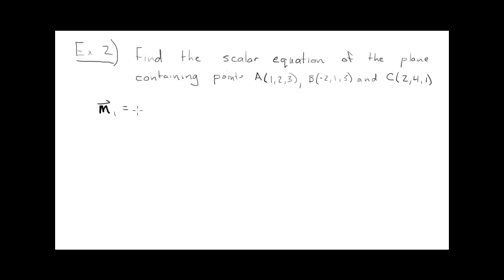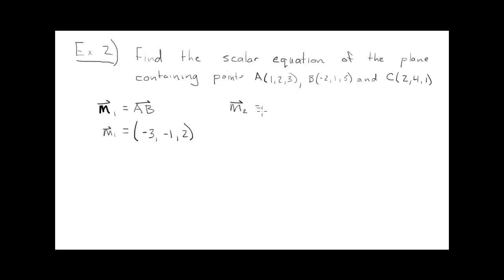Sure, AB, right? If A and B are on the plane, then the vector AB is a direction vector of the plane. So M1 will be, subtract B's from A's, so (-3, -1, 2).